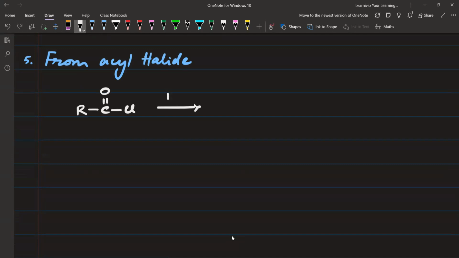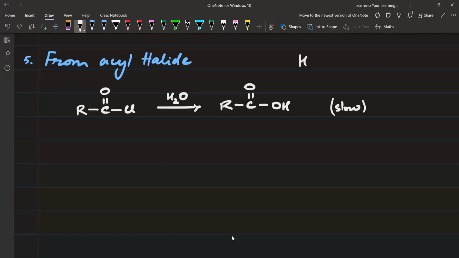We just add water to get carboxylic acid. Now, water is a very neutral, unreactive molecule. That is why this reaction is pretty slow. So rather than adding water, we add H and OH separately. Then it becomes an acid-base type of reaction, and that will be much faster. Even though it is a two-step reaction, it will be faster.